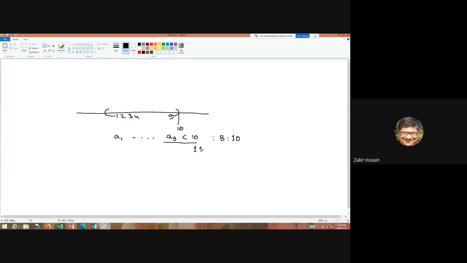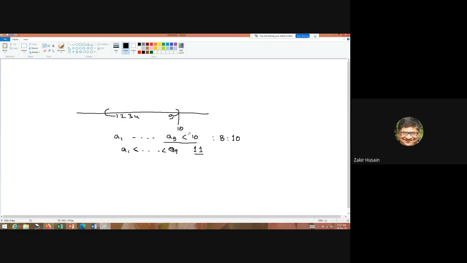What about 11? Does the same relation hold as we have written over here?